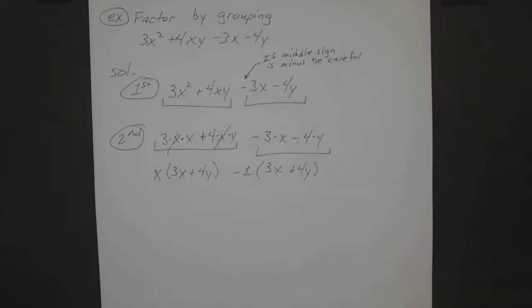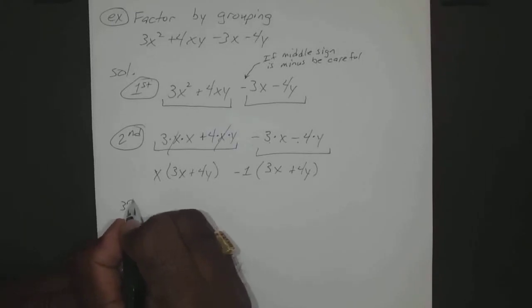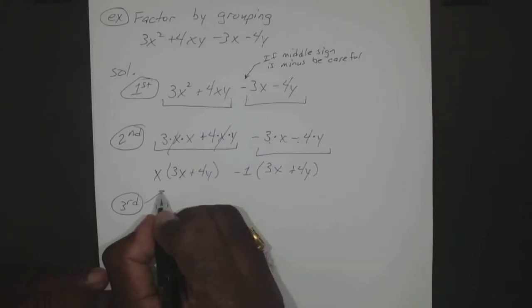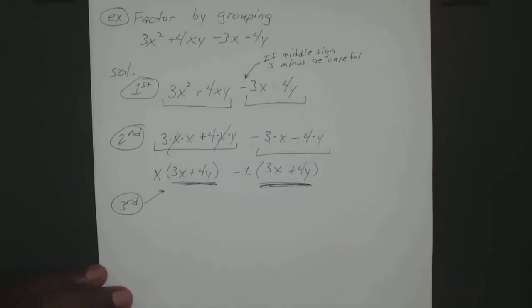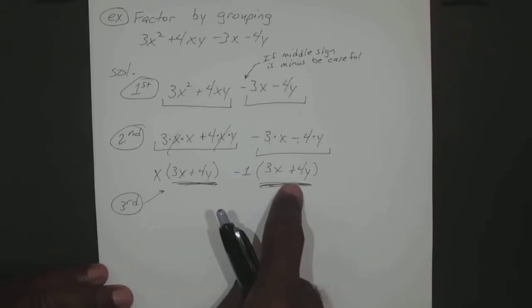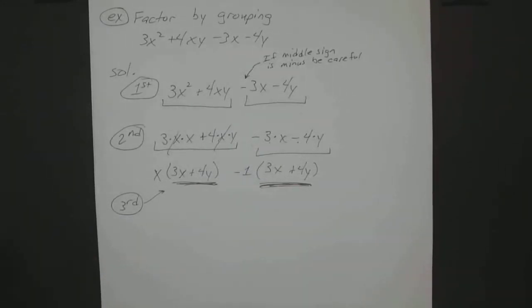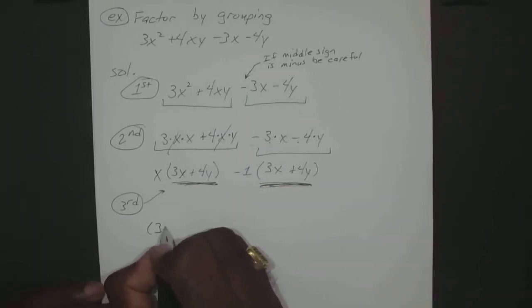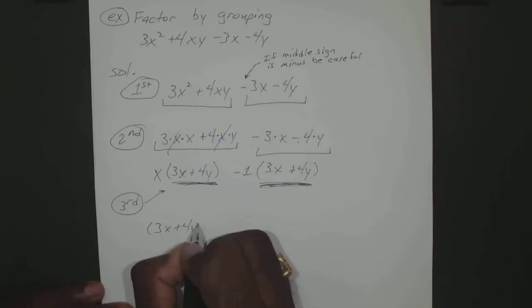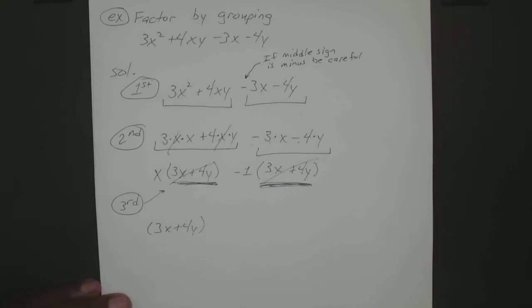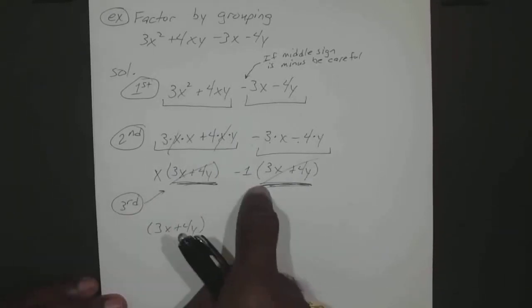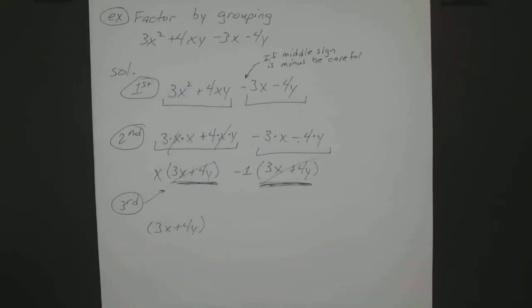Okay, and just like before, our third step, we have our matching binomials. Okay, so all you have to do is get those binomials, factor them out to the front. And once you do that, just like before, you cross them out once you factor them out, and everything that's left goes into the other parentheses.